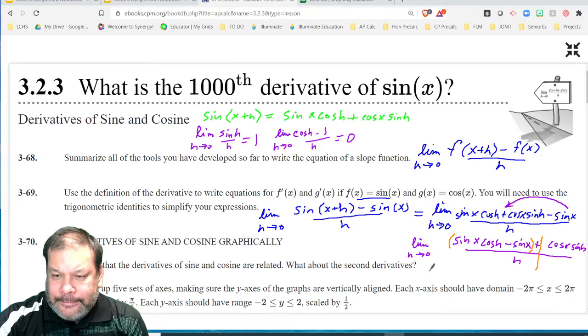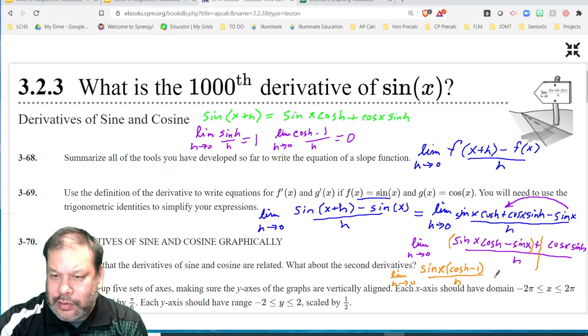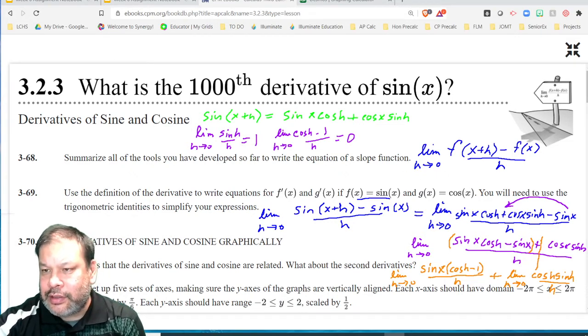So this is going to be sine x times cosine h minus 1 all over h, and the limit as h goes to 0, plus the limit as h goes to 0 of cosine x times sine h over h.